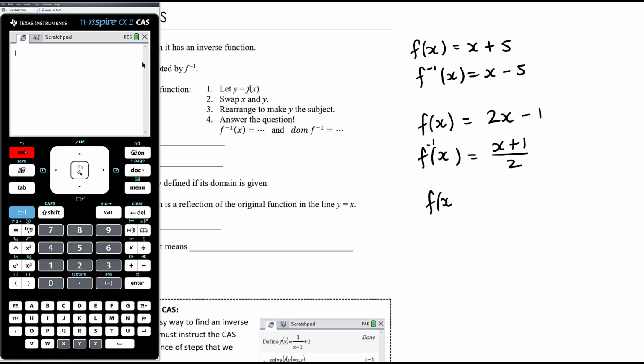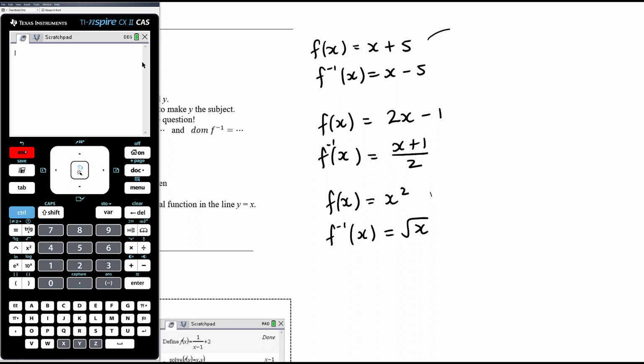If our original function is x squared, our inverse function is going to be root x, but there is some domain issue that we need to be careful of there. So what we're trying to think about is, well, algebraically, how do we get from here to here? If we want to generate the inverse operations, we want to undo everything that's happening to x.